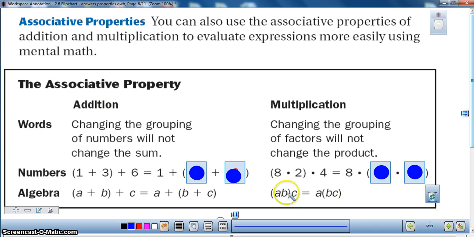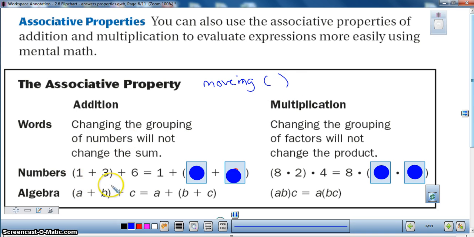What does the associative property say? It says you can use the associative property for addition and multiplication to evaluate more easily using mental math. The key thing about associative property is moving the parentheses. You're not really switching the order, you're just moving what's inside the parentheses.